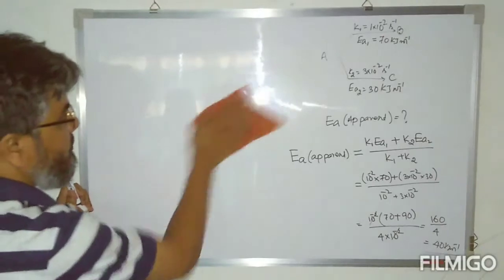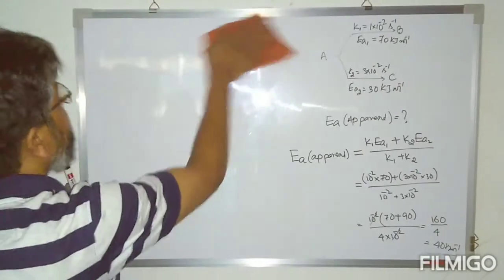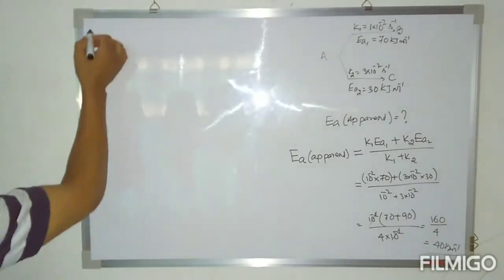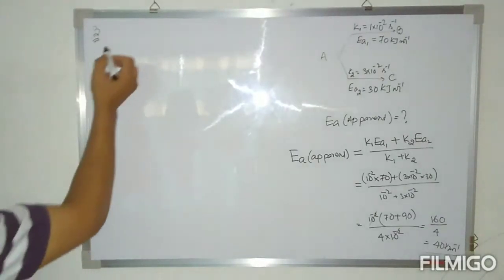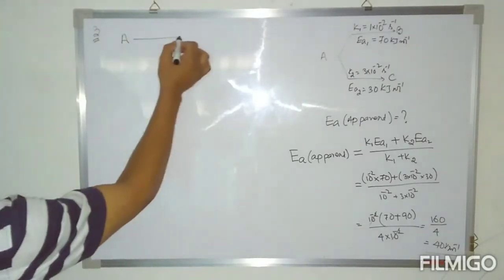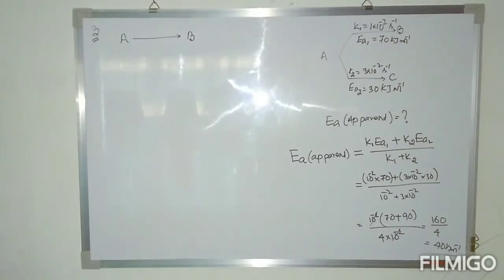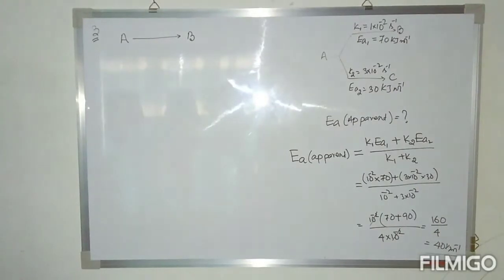Now let's see the third question. Question number 3. Suppose we have a reaction A giving product P. Now this reaction is carried out at two different temperatures.